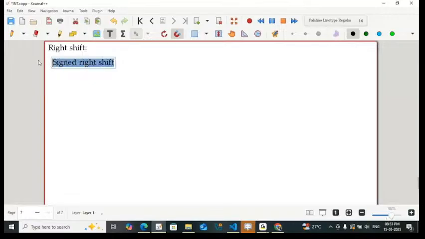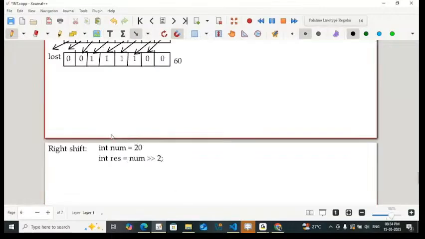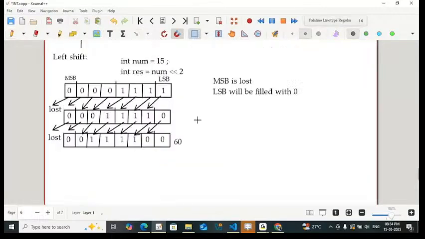In case of right shift, let's say I have an integer variable called num assigned with 20. I want to write result is equal to num right shifted 2 times. So I'll just copy it like this.